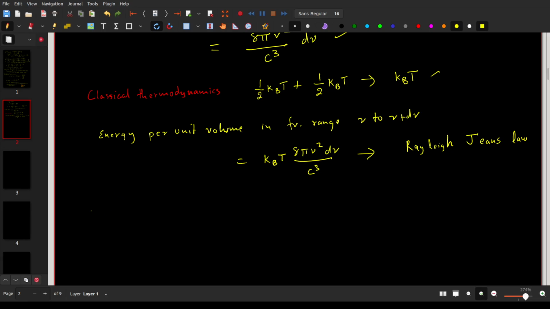What he did is that he assumed that at each frequency nu, energy comes in packets of a fixed value, which is given by h nu, where h is called Planck's constant.